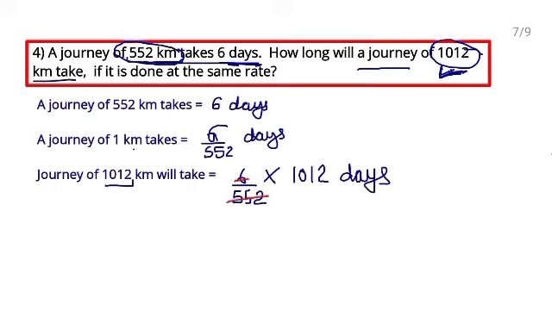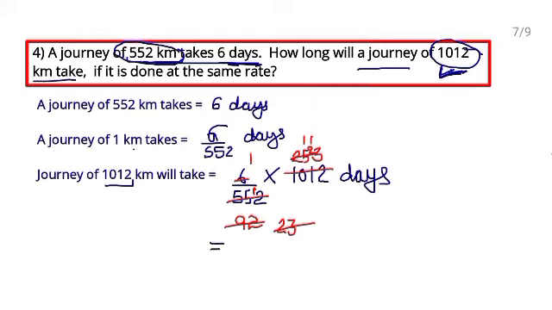6 and this both are divisible by 6. 6 ones are 6. 6 nines are 54. 6 twos are 12. This and this both are divisible by 4. Cut them. 4 twos are 8. 4 threes are 12. 4 twos are 8. 4 fives are 20. 4 threes are 12. Then 23 ones are 23. 2 is remaining. 23 ones are 23.